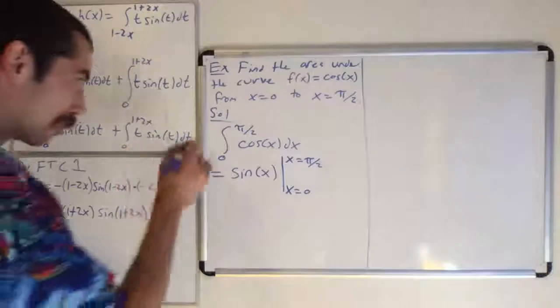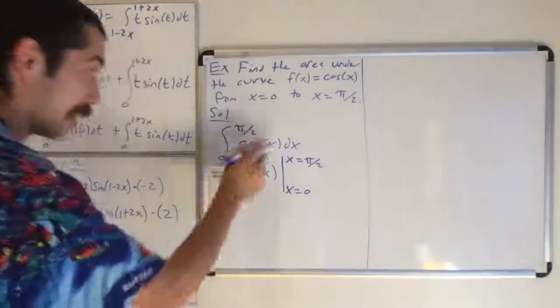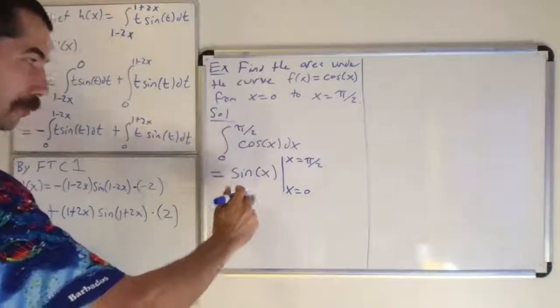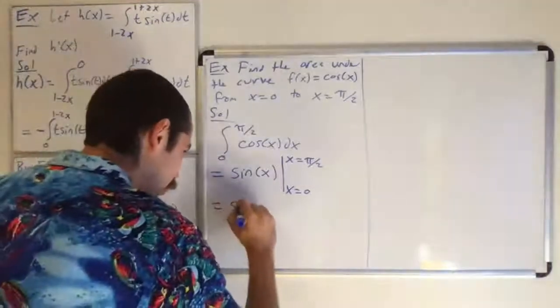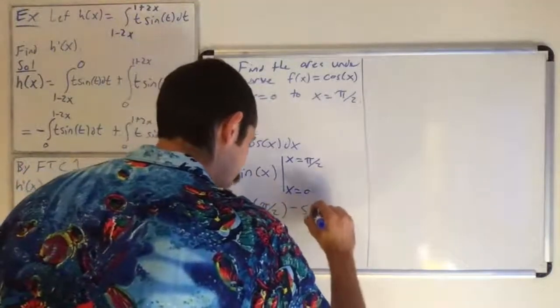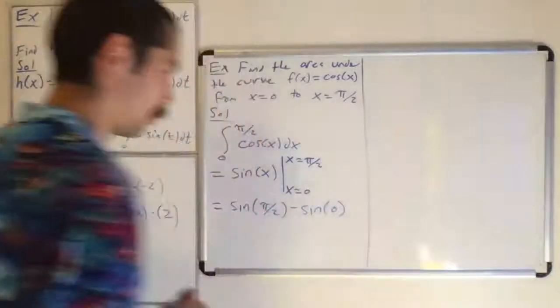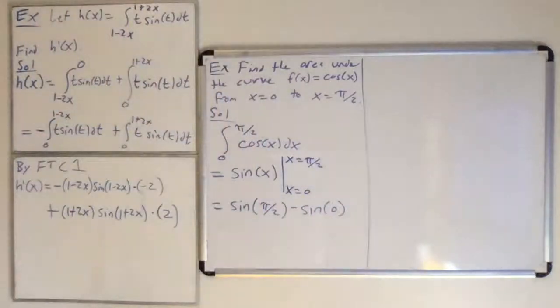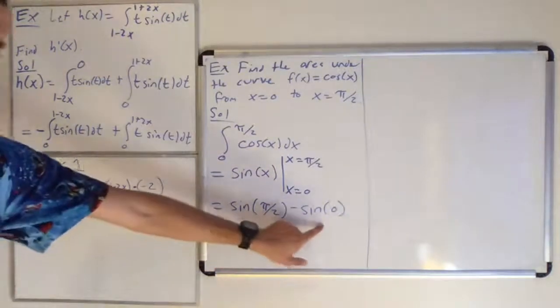Okay, so remember, the fundamental theorem says the value of this integral is sine of pi over 2 minus sine of 0. Sine of pi over 2 is 1. Sine of 0 is 0.